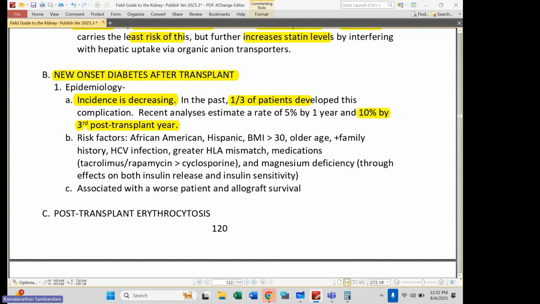Okay. So risk factors for NODAT include Hispanic patients in particular, Blacks as well, some of the obvious ones like family history, high BMIs. This is less obvious. Hep C infection is a pretty potent risk factor for NODAT. Why is that exactly?